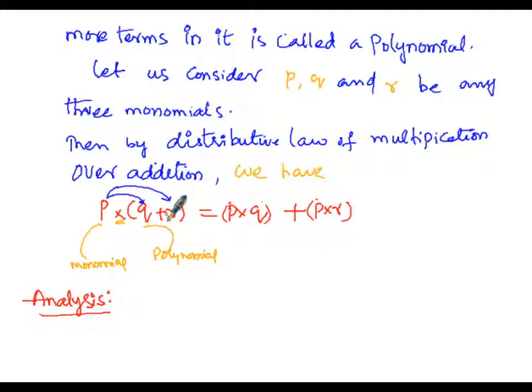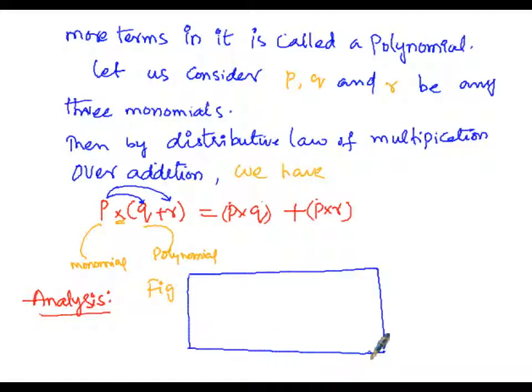So in our analysis let us draw one figure. In our figure I am going to consider a rectangle which is divided into two halves. Here the rectangle is ACDF, and B and E divide the rectangle ACDF into two parts.